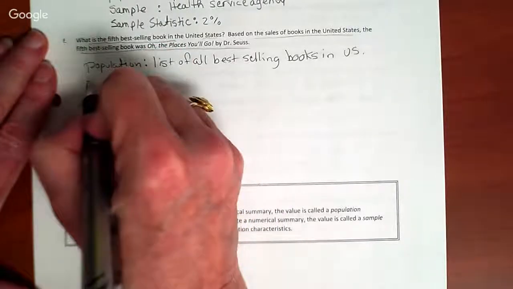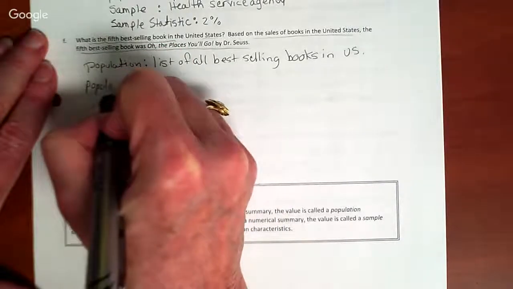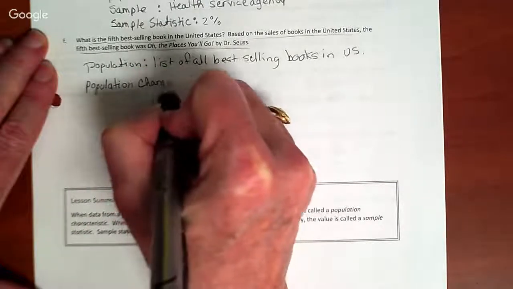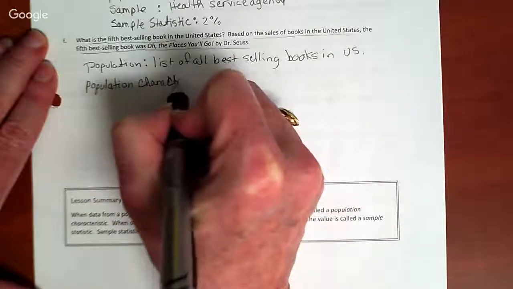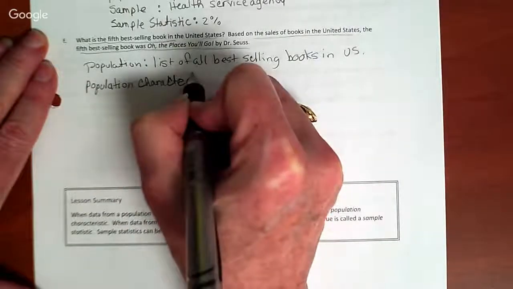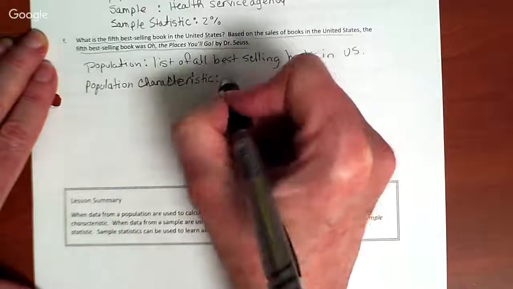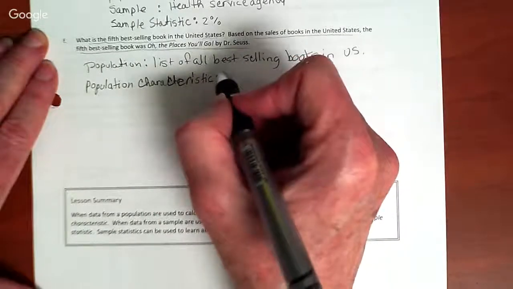Population characteristic, the fifth best-selling book.